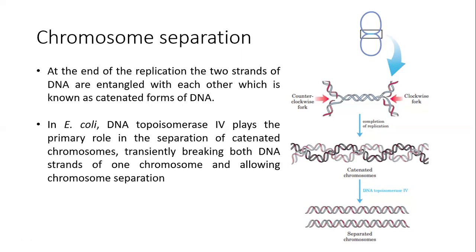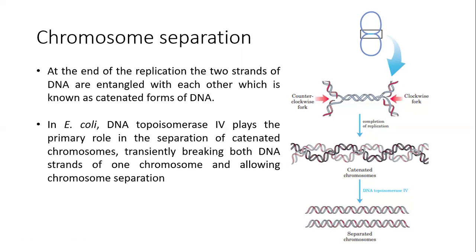So as a result, at the end of the replication process, the two daughter DNA chromosomes that are synthesized are intertwined or entangled with each other, and they are known as catenated forms of DNA.